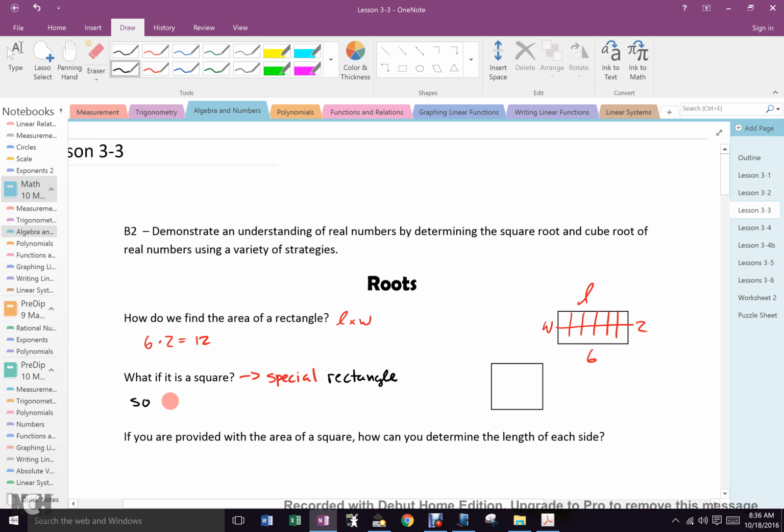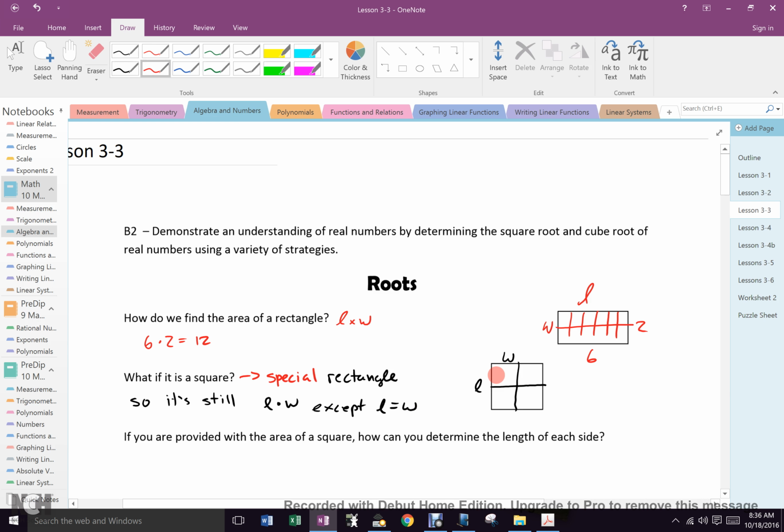So, since it's a rectangle, it's still length times width, except they're the same. L equals W. So how else could we write this?